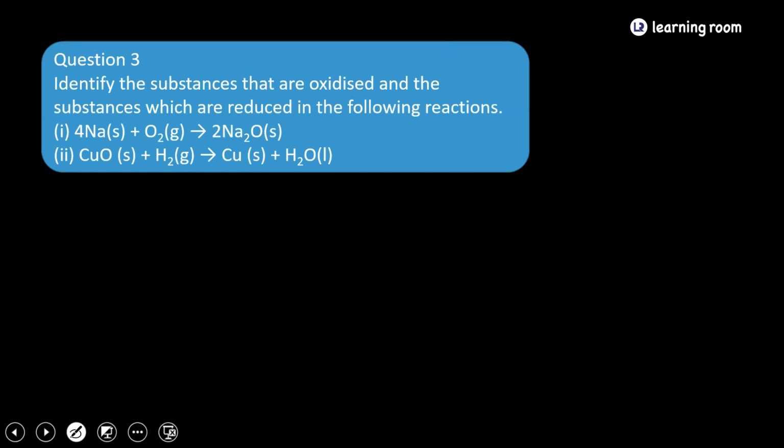Identify the substance that is oxidized and the substance which is reduced in the following reaction. Shall we try it? Now, what is there first? 4Na.